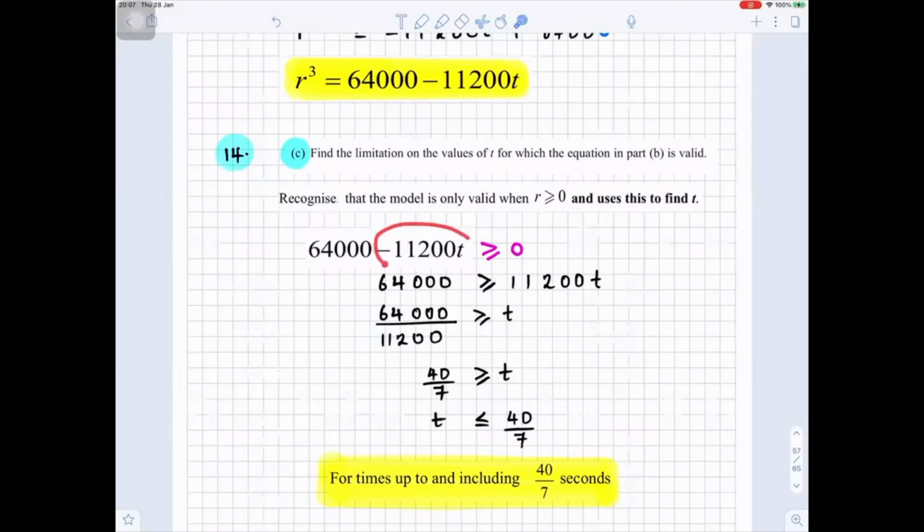So minus 11,200 t goes to the right, it becomes plus 11,200 t. After that, you divide by 11,200. So 40 over 7 is bigger than or equal to t, or t is less than or equal to 40 over 7. So for times up to and including 40 over 7 seconds.